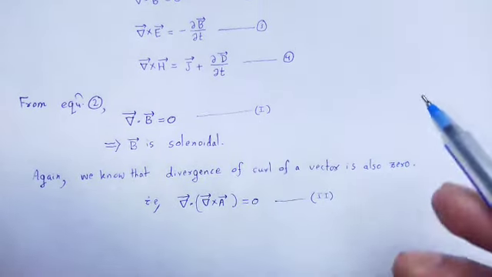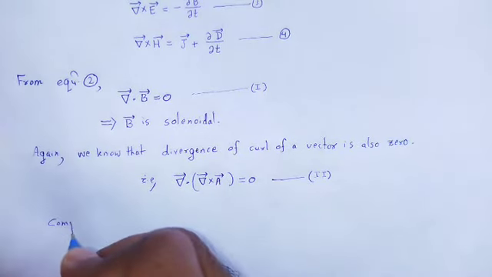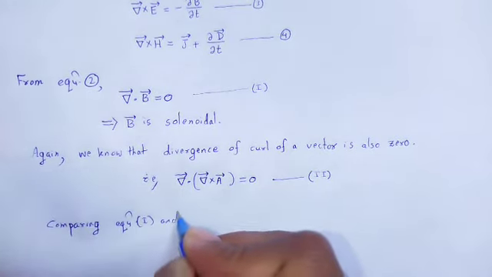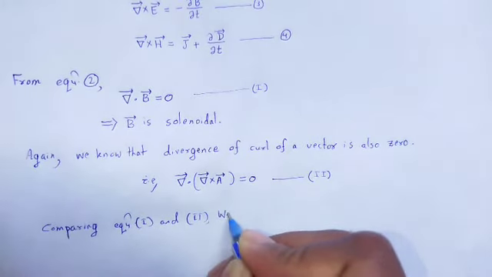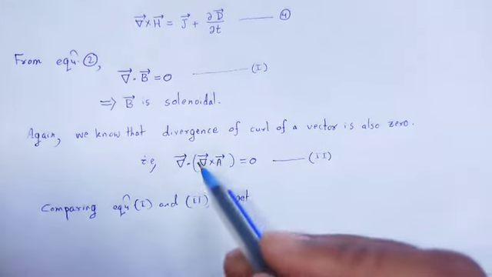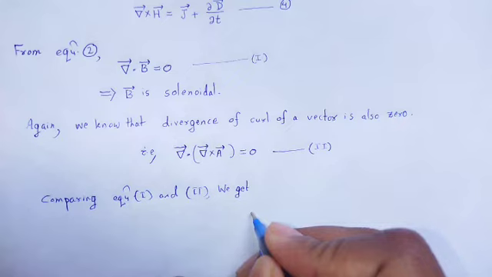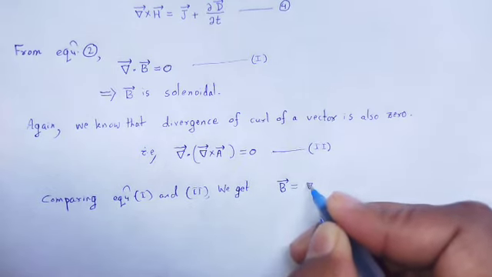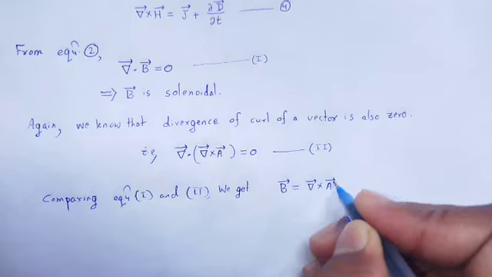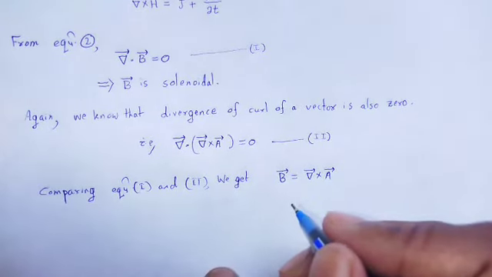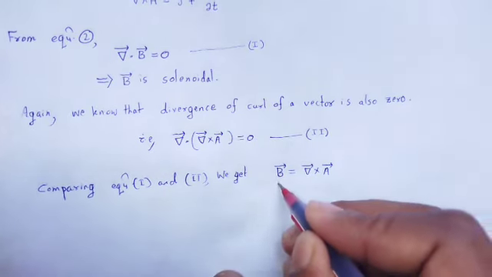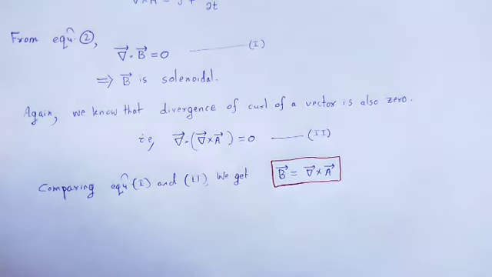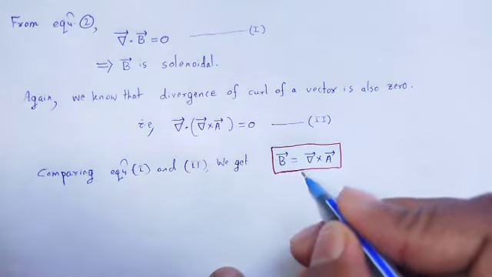Comparing equation I and II, we get that B vector is equal to grad cross A vector, and here that quantity A vector is known as the electromagnetic vector potential.